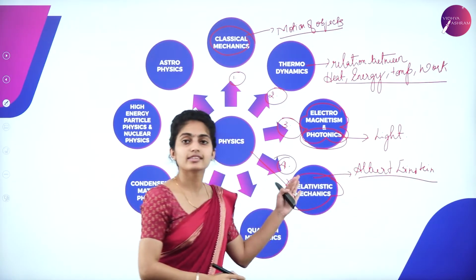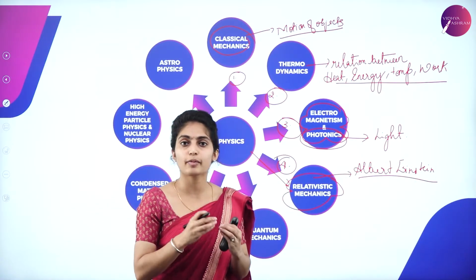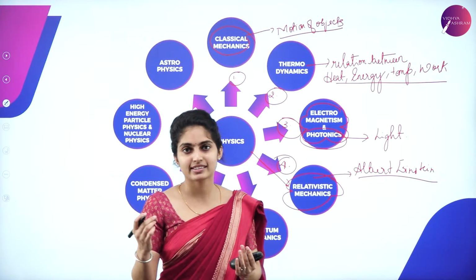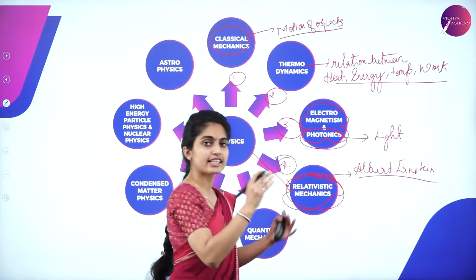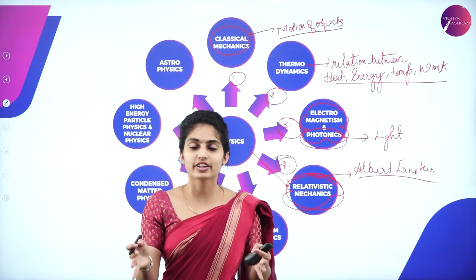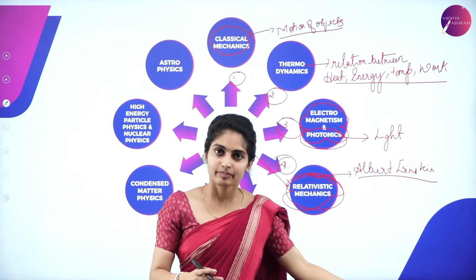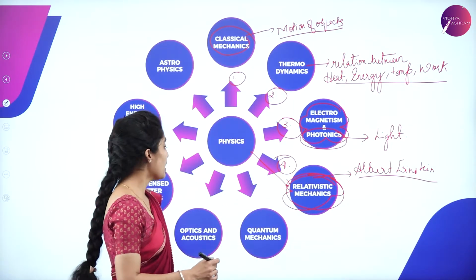It is a science which is concerned with the motion of objects with respect to time, space and velocity. It gives a relativity between the objects as well as time, space and velocity. So that is all about relativistic mechanics.